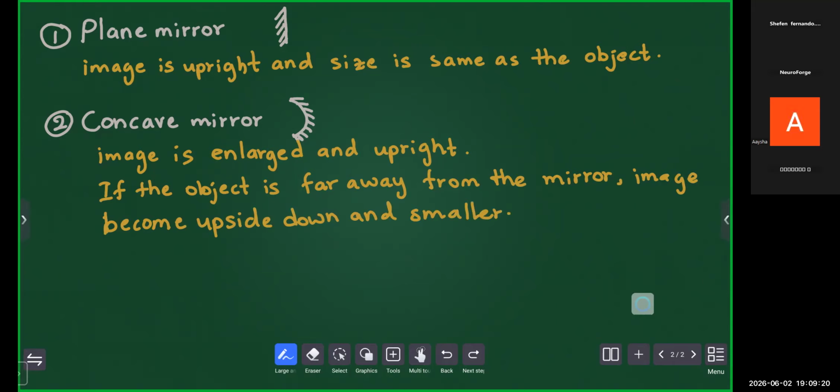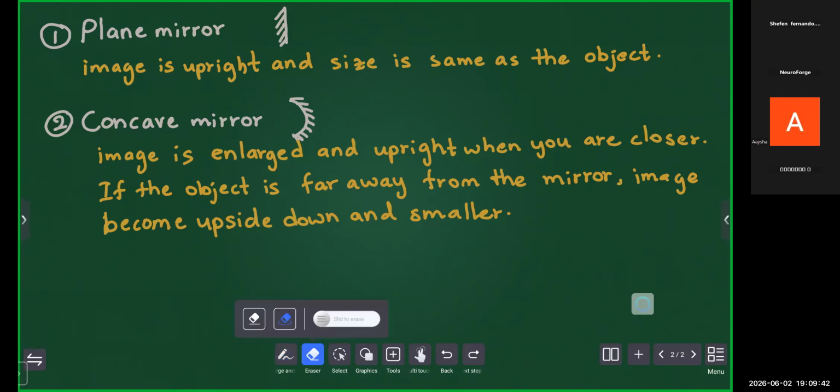With the concave mirror, the image is enlarged and upright when you become closer. The size is the same as the object for the plane mirror.